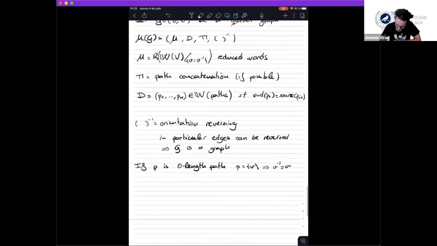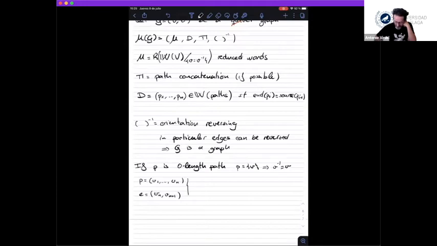What else? Now, assume you get a path like this, V1, ..., Vm, right? And then choose any other edge, which will be Vm, Vm+1, right? So this path can be concatenated.